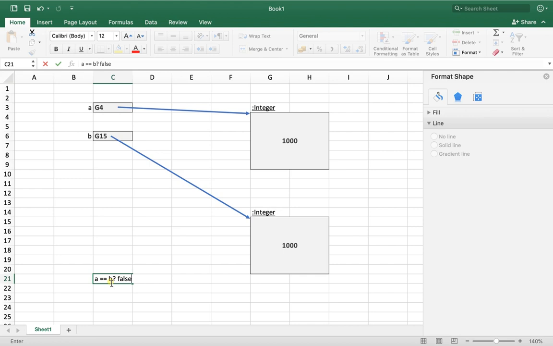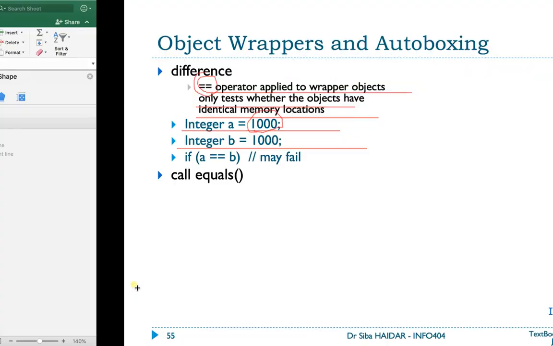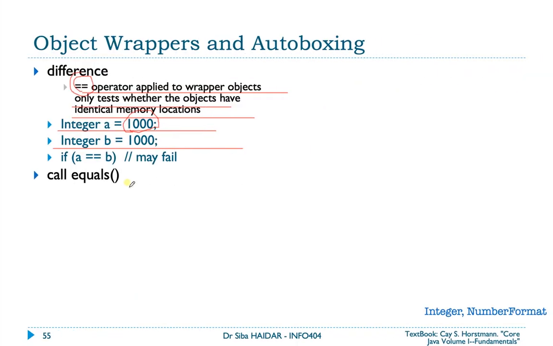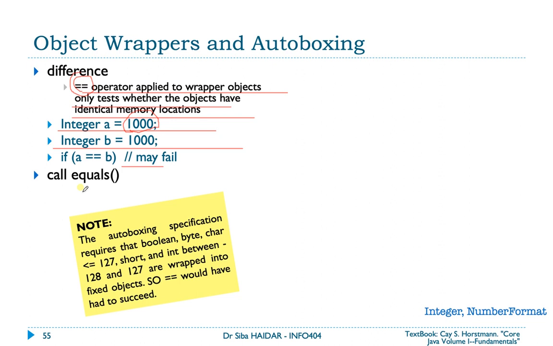So this is what we are saying: comparing the values of the object references will most probably lead to false. Why do we say may fail and we didn't say will fail? Because we will explain now. But the best and guaranteed way is to call equals, because A and B are object references, so the best way to compare them is with equals.